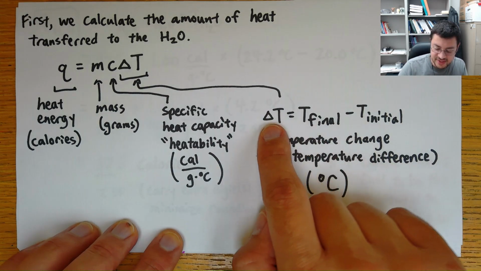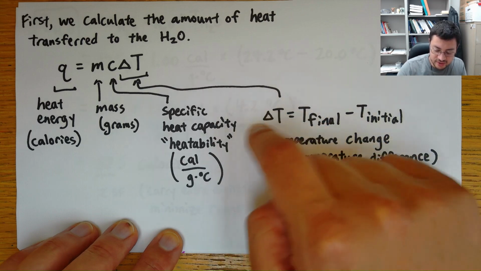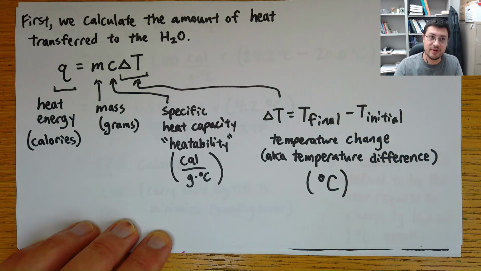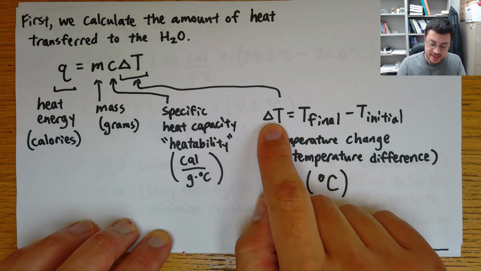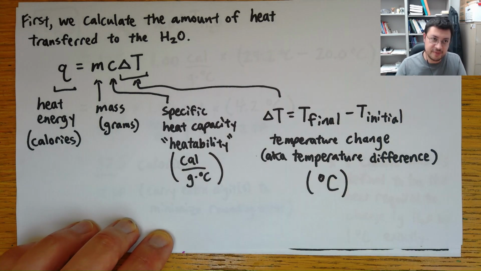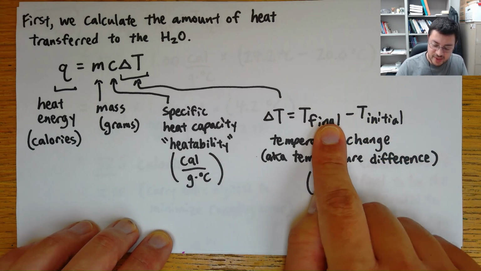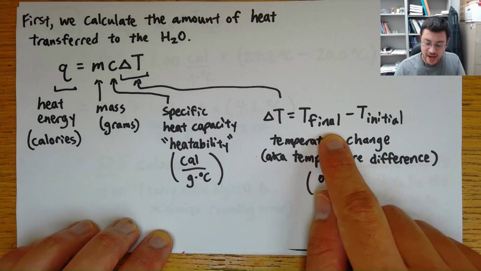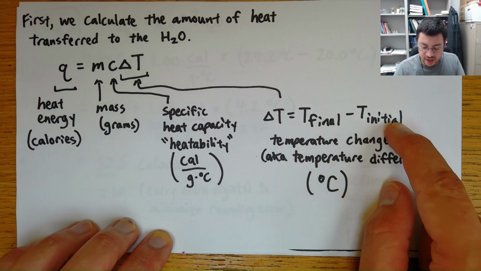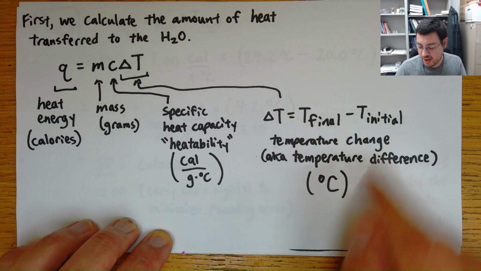And then we have this delta T. Delta, the triangle, that's the Greek capital letter for D. In the sciences and math, we use that to indicate something has changed. And the way you track change is you take a measurement in its final stage and you minus the measurement when you first started measuring. Final minus initial.